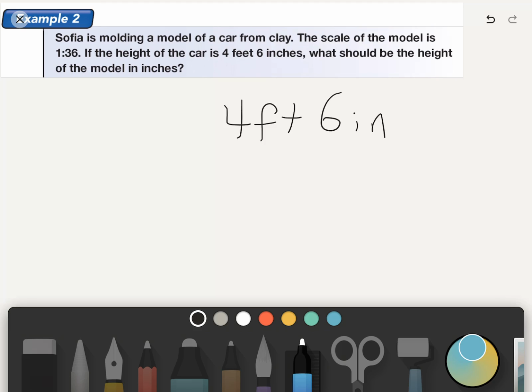So first thing we should do is convert all of this to inches, so that we're not working with apples and oranges. So we can multiply 4 times 12 to get 48 plus 6. So that'll get us 54 inches.